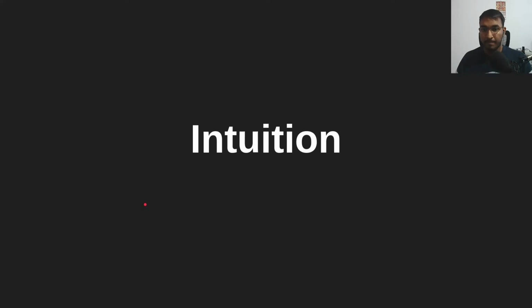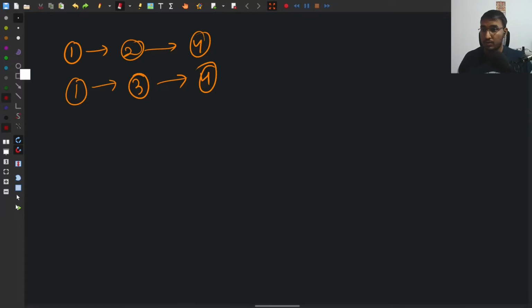Right now let's talk about the intuition, so how we can get to a solution. Let's do some drawing for that. We are given these two lists, this is list 1 and this is list 2, and we want to merge these and sort.